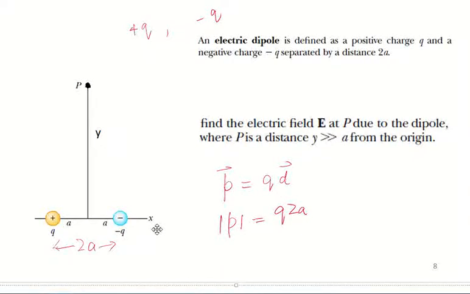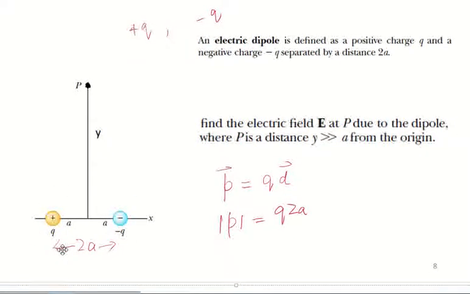But if we are far away, at a point P that is given here, then we have to determine the electric field at this point P due to this dipole. Previously we calculated the electric field due to two charges that do not form a dipole moment. This time we are discussing these two charges not as separate entities but as one thing.